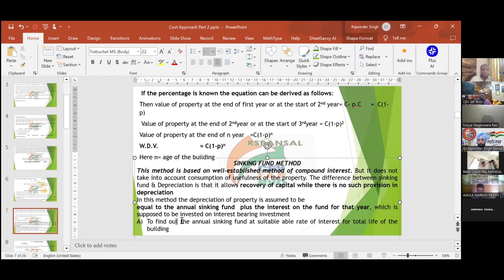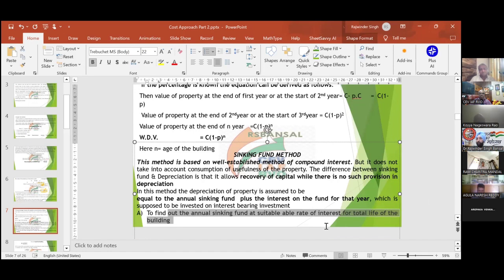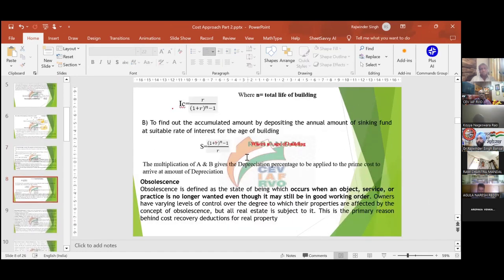You calculate the annual sinking fund at suitable rate of interest for the total life of the building. That is sinking fund coefficient, and this is the formula for IC. You know this is equals to R upon (1 plus R) raised to power n minus 1. That was 1 upon S.